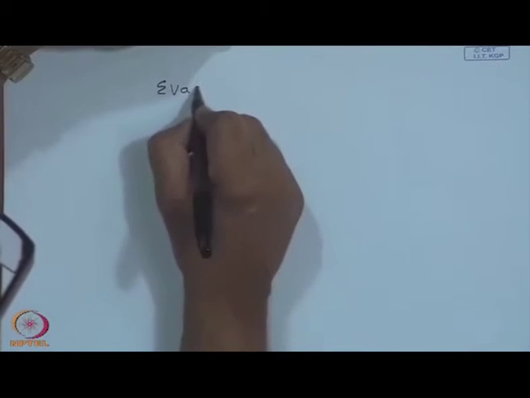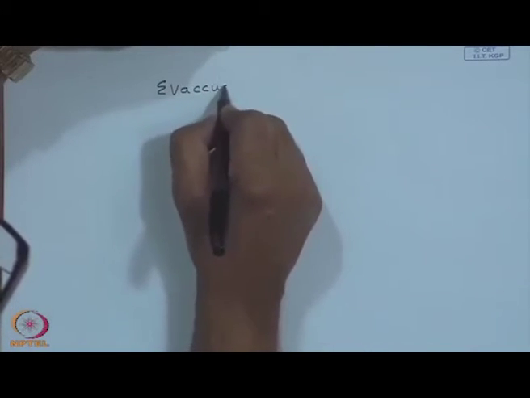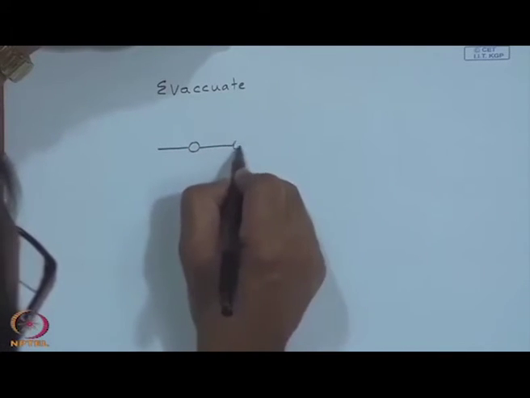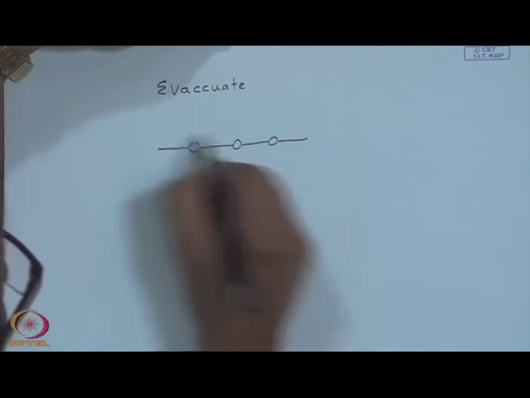Now, one of the solutions that we have to improve the heat loss coefficient UL, and improve in this context means reduction in the heat loss coefficient, is to evacuate between the absorber and the glass cover.